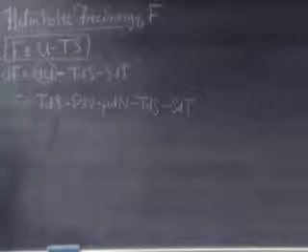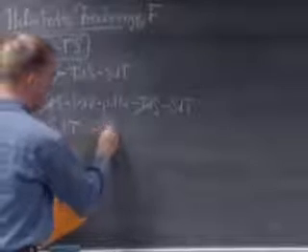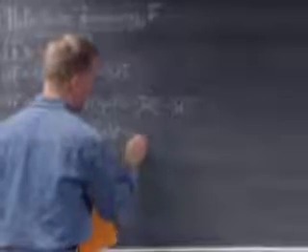Now I can cancel out, let's see here, TdS minus TdS, and that's it. All right, and I'm going to arrange the order of these terms: negative SdT minus PdV plus mu dN. I tend to like having the chemical potential term be last, but I think it's only a matter of convention. Mathematically, it's all the same.